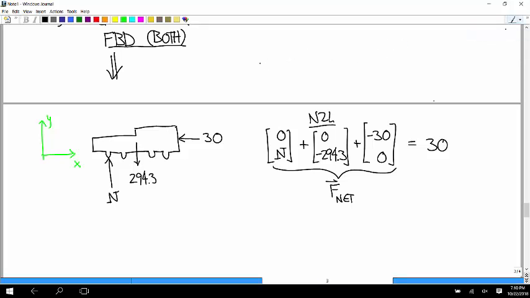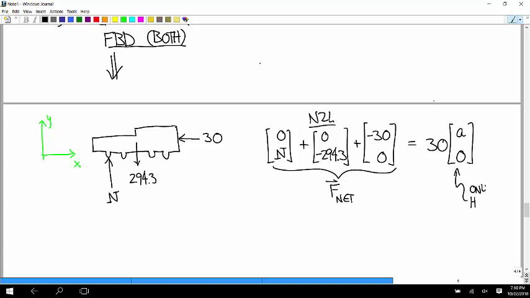Okay, so we're going to make the assumption that the acceleration can be written as some value a. It has an x component and a 0 y component. It's not sinking into the ground or jumping off the ground. So this represents only horizontal motion.